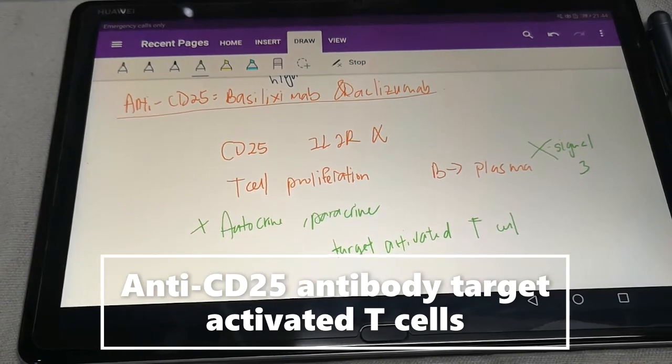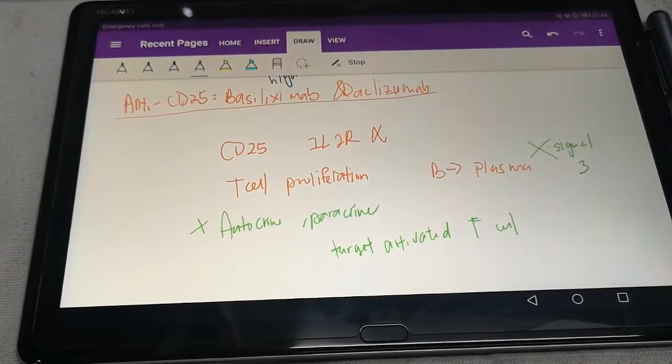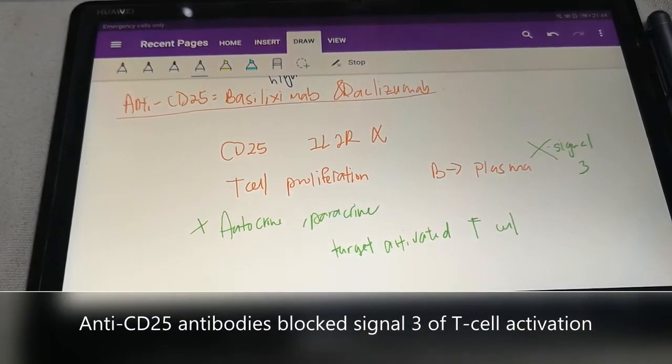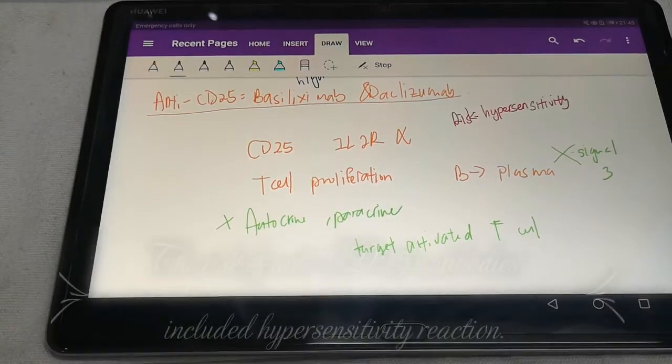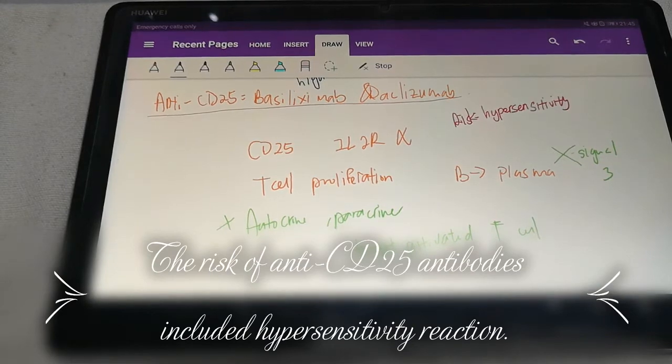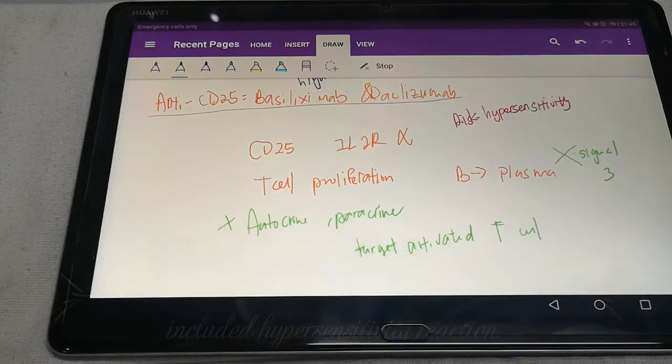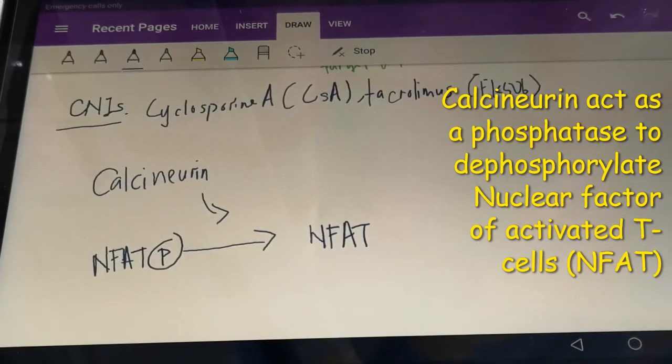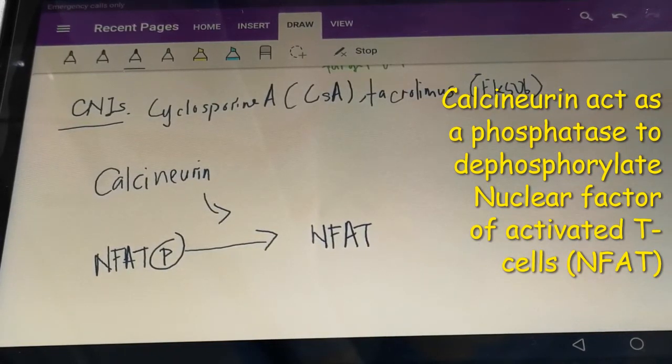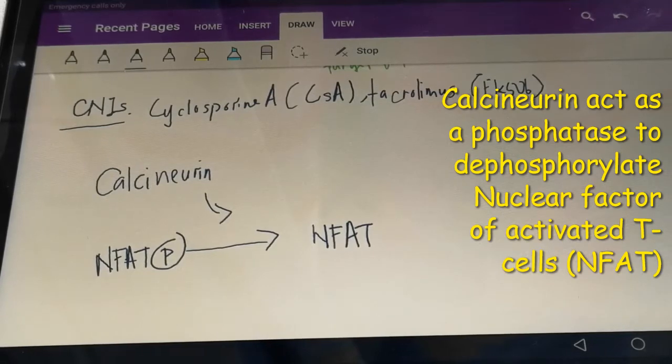Anti-CD25 antibody targets activated T cells. Anti-CD25 antibodies block signal 3 of T cell activation. The risks of anti-CD25 antibodies include hypersensitivity reaction.